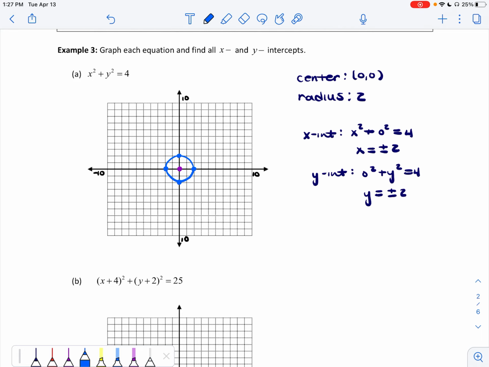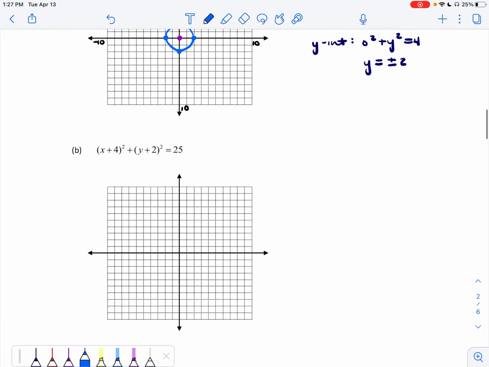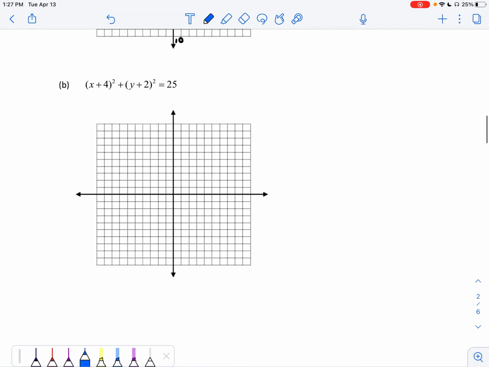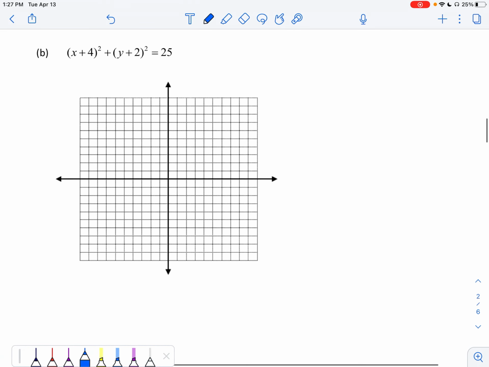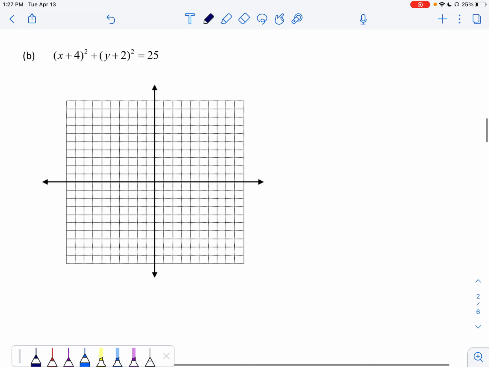Okay. All right, so part B here, same idea. So we have (x + 4) quantity squared plus (y + 2) quantity squared is equal to 25. All right, so again, if we think about the center of this, the center is at (h, k).